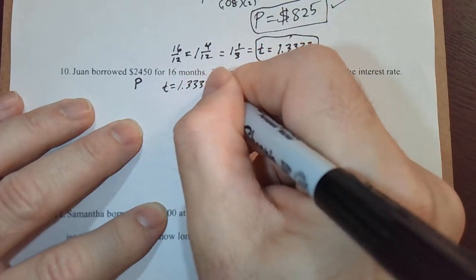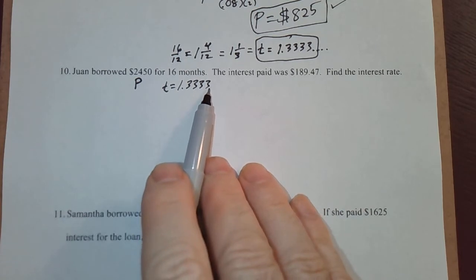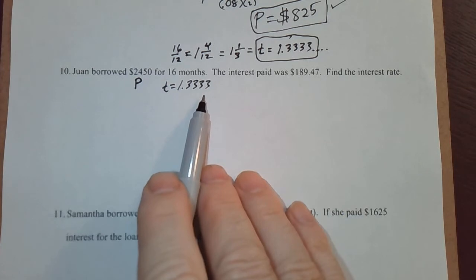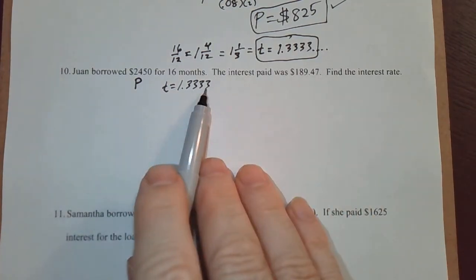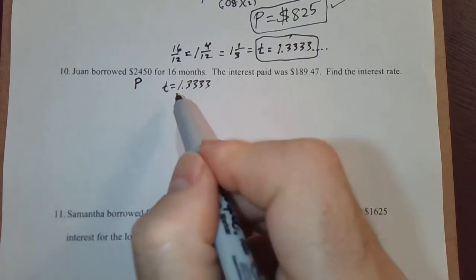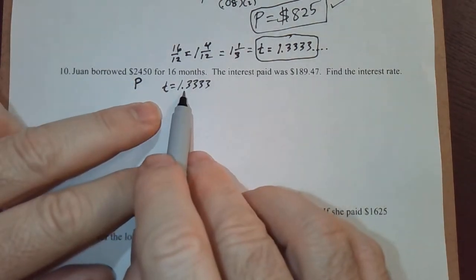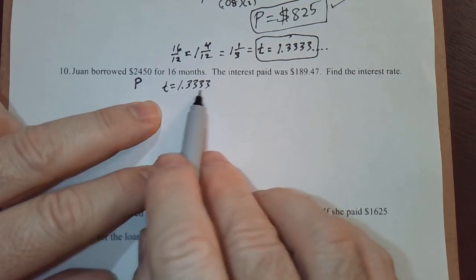It's going to mean a difference of less than a penny in the interest, so it's going to be negligible when we go out this far. That's plenty of places past the decimal point. Okay, so T is 1 1/3. Actually, if you wanted to put in 1 1/3, you'd get the exact answer.